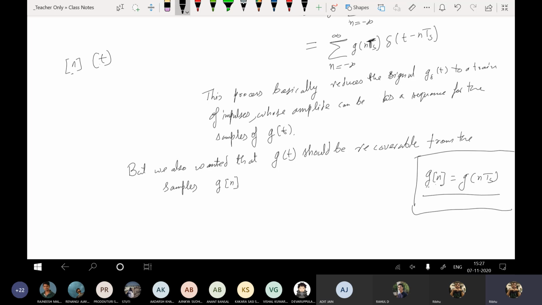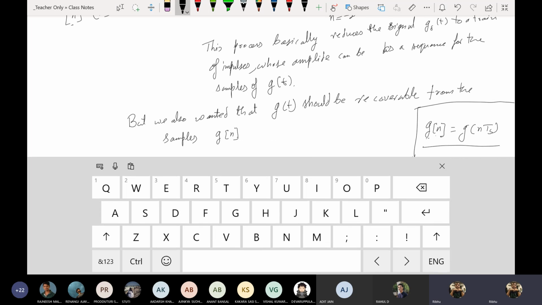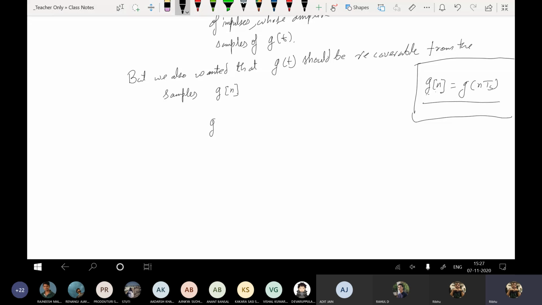I can write g delta(t) as summation n goes from minus infinity to infinity g[n] delta(t minus nTs). We'll come to the recovery process a bit later.